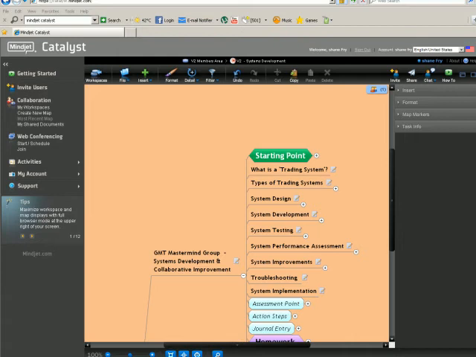So let's just go through. The goal is to really have this group working to come up with different strategies and different settings that are running well.